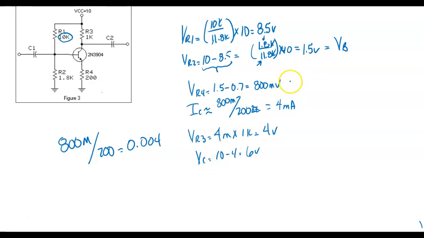This right here would be equal to VE, right? And so what we have to do now is calculate voltage collector to emitter. So what's on our collector? 6. What's on our emitter? 800 milli. And that should give us voltage collector to emitter.